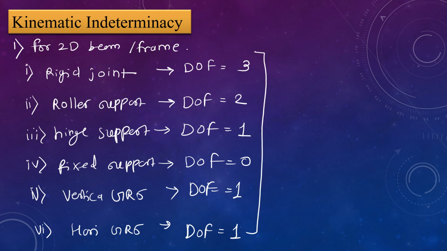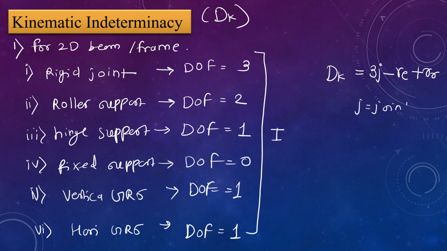You can solve the kinematic indeterminacy with the help of the degree of freedom, and next with the help of a formula, which is dk. The degree of kinematic indeterminacy is represented by dk. dk is equal to 3j minus re plus RR. Here j is the number of joints, re is the number of unknown reactions, and RR is the internal release.